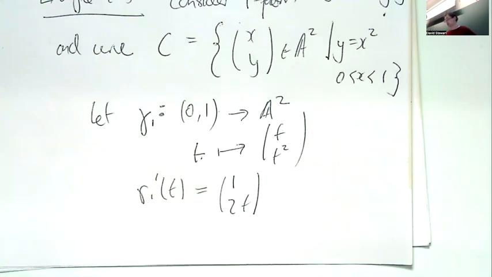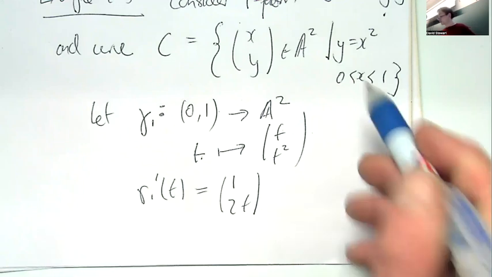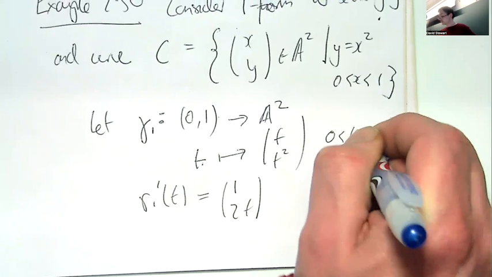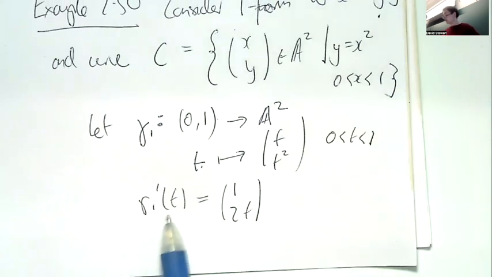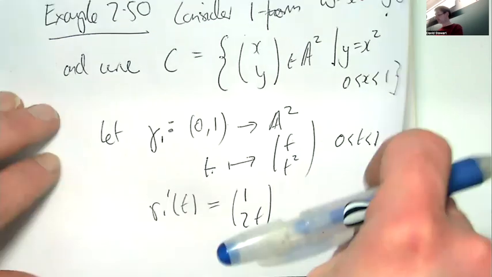So at every point on the curve, between t is 0 and 1, we are going to get a vector which has velocity 1 and 2 times t. So it's getting faster as it goes further along the curve. Okay.